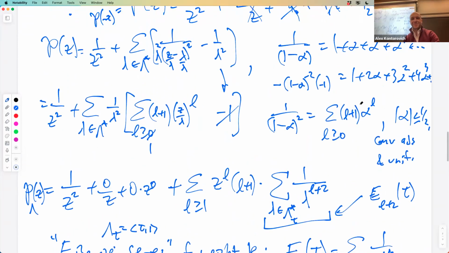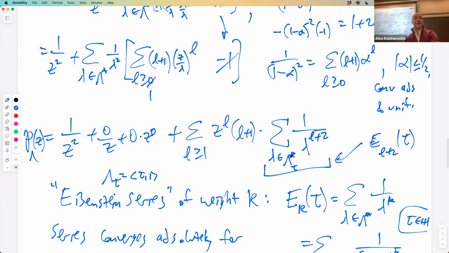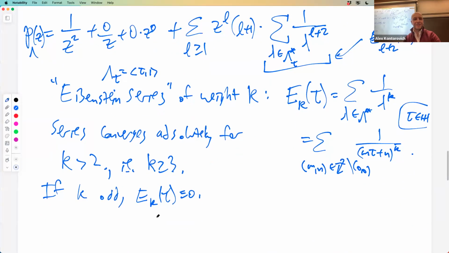We knew that already because that has to be the Taylor coefficient of P, and P is an even function. So this is why the odd values cancel off, and the only L's that occur are actually even L's.